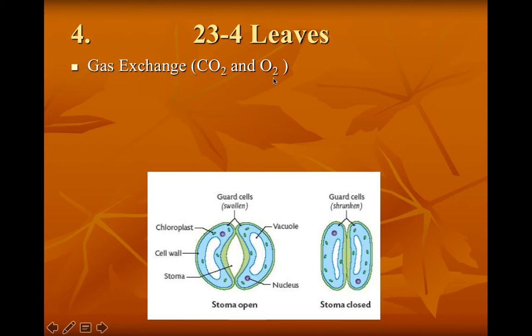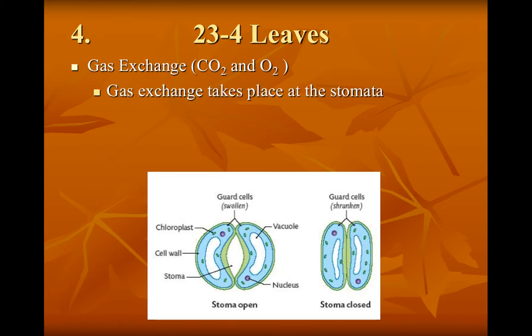Oxygen is a byproduct. So after photosynthesis takes place, oxygen is one of the resulting substances that comes out of it and needs to be released back into the environment. Now fortunately, and that's fortunate for us because we need oxygen to breathe, that's how plants provide for us.